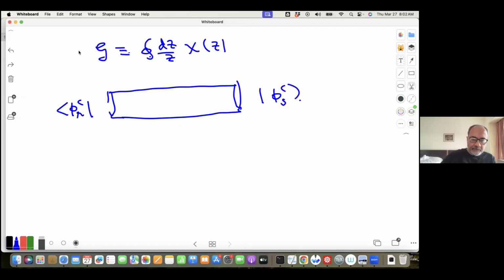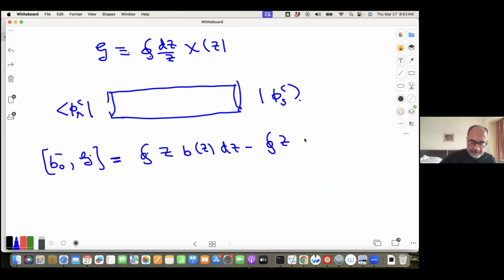On the cylinder, without this, we had, oh, I should have said this, this is important: if you calculate B0 minus with G, B0 minus is the integral of z Bz dz minus the integral of z bar B bar z bar dz bar.